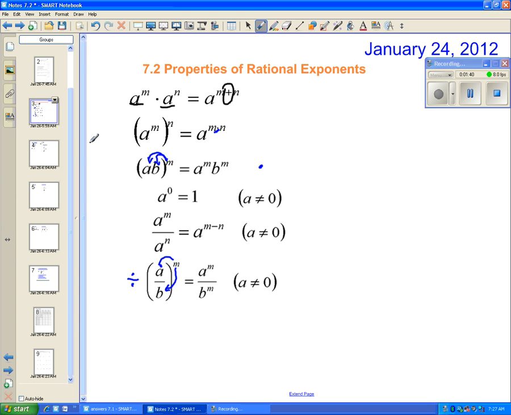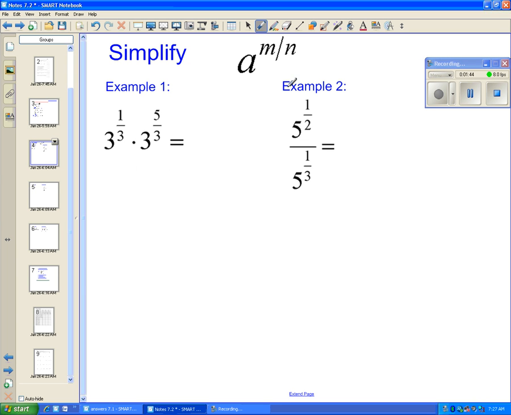So let's do some examples over this and see what type of problems may crop up. Again, when I look at A to the M over N, remember that M is my power, my exponent, and N is my root: my square root, my cube root, my fourth root.